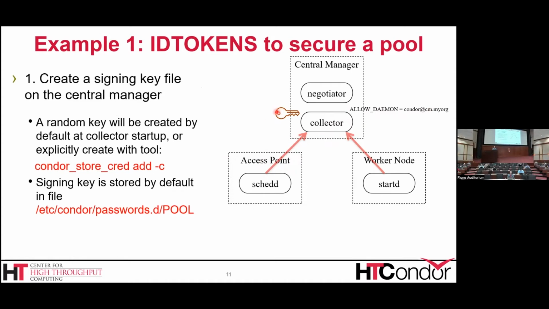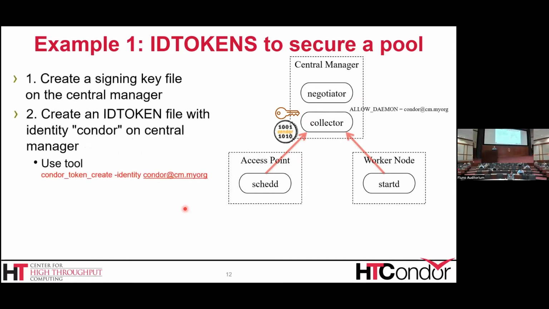I can do this by running the condor_store_cred command, add -c, and at that point I give it a password, and it'll hash that password into a signing key and store it. Or the collector, when it starts up, will generate a random signing key and just drop it into the file. So you probably already have one sitting there. And it'll be stored in the passwords.d directory in the file named POOL.